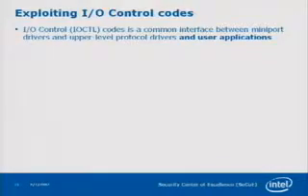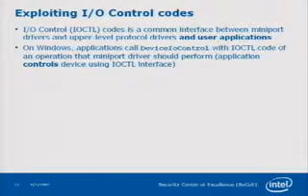IO control codes are a common interface between mini-port drivers, upper-level protocol drivers, and user mode applications, which is more important to the attacker. On Windows, applications call the DeviceIoControl WinAPI function with the IO control code of an operation that the mini-port driver should perform.